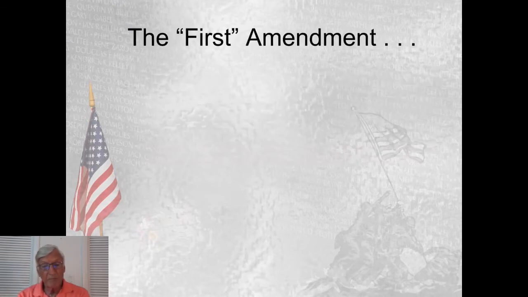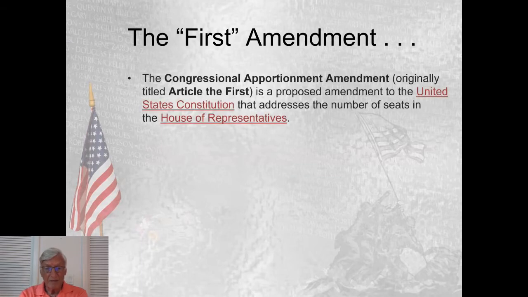Now, here's a little piece of the Constitution that you don't probably know about, and it's called the First Amendment. No, the First Amendment is not part of the Bill of Rights, and here's why. It's called the Congressional Apportionment Amendment, and originally was titled Article the First, a proposed amendment to the United States Constitution that addresses the number of seats in the House of Representatives.